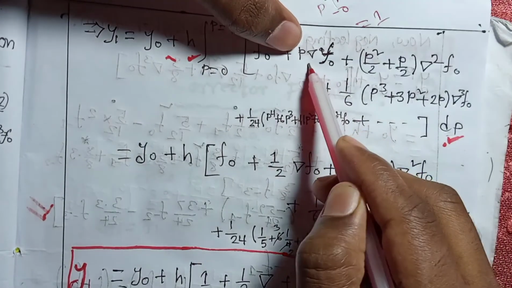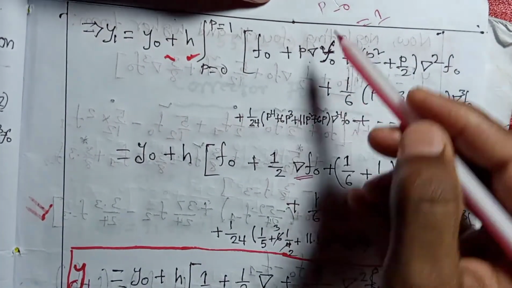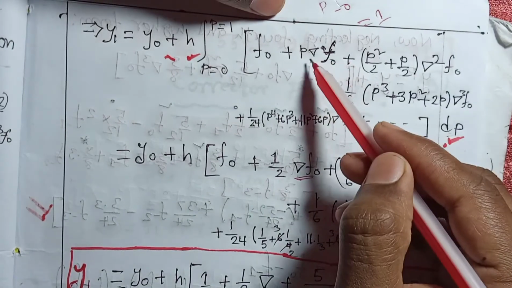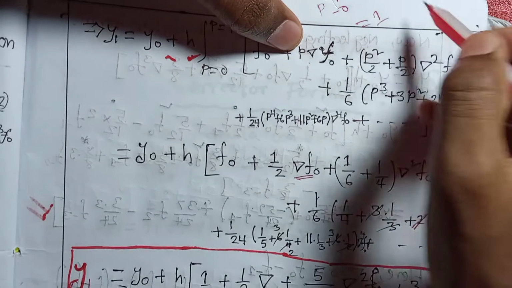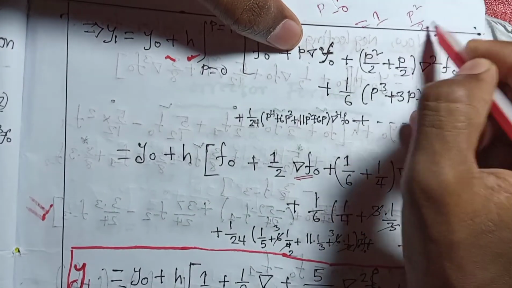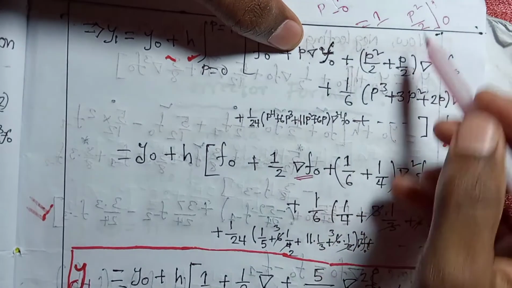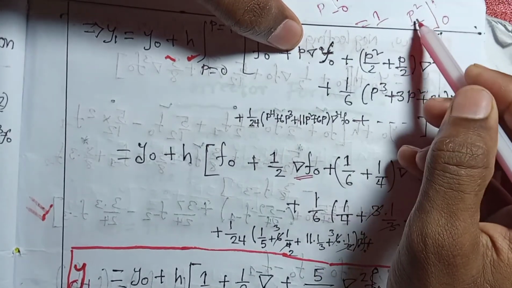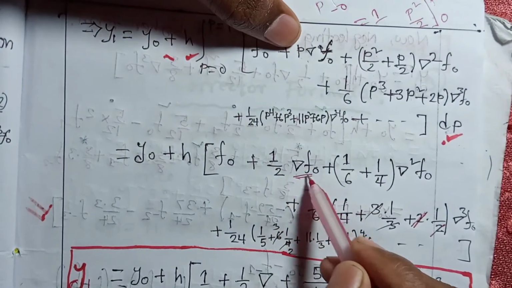The second term is p nabla f0. Nabla f0 is constant, and if we integrate p dp, we get p squared upon 2 between 1 and 0, that gives 1/2 nabla f0.